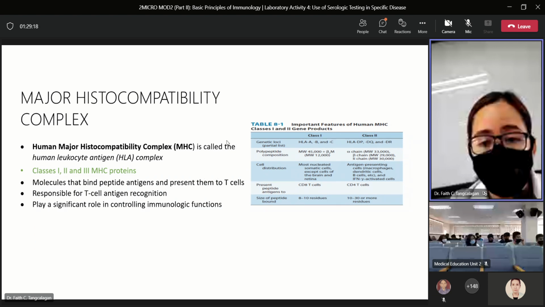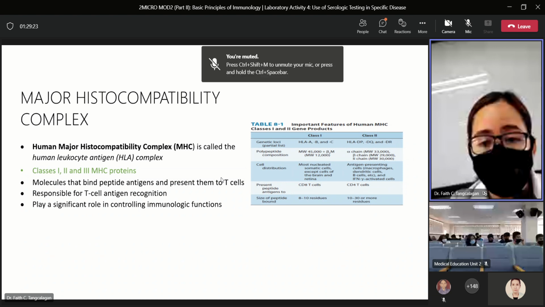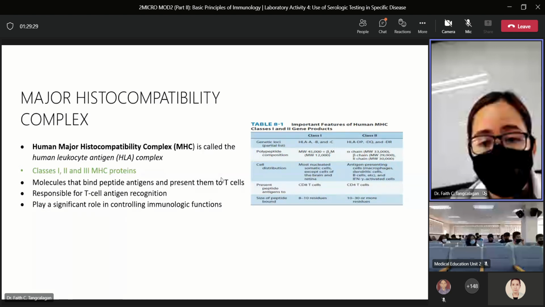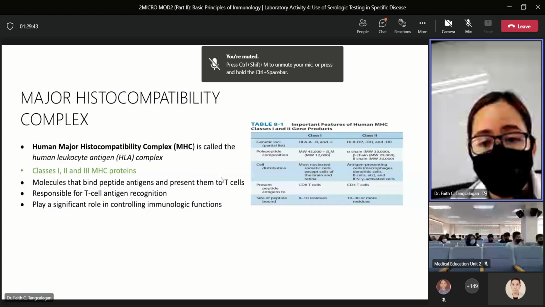For class 1, where do they bind? They bind to your CD8 T cells, while MHC class 2 binds to CD4. So just remember: CD4 is class 2 and CD8 is class 1. They should match and be partners.